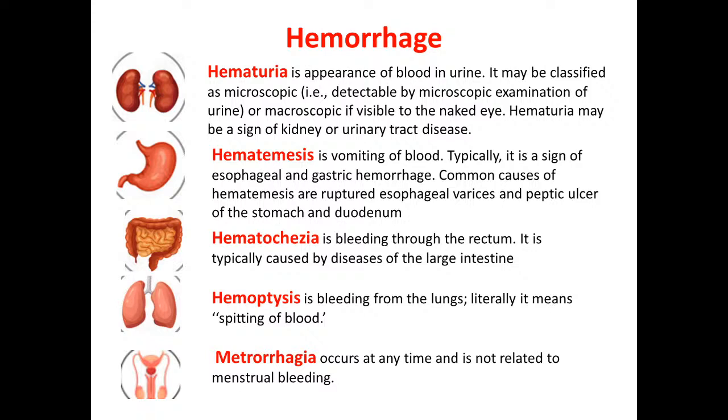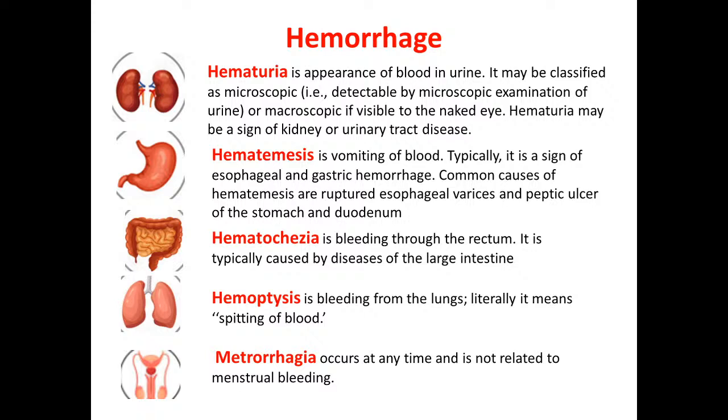Hematuria may be a sign of kidney or urinary tract disease. Hematemesis is vomiting of blood. Typically, it is a sign of esophageal or gastric hemorrhage. Common causes of hematemesis are ruptured esophageal varices and peptic ulcer of the stomach and duodenum.